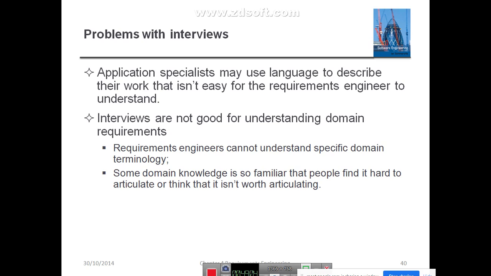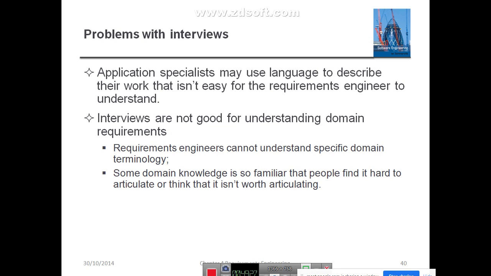One more example they have given here is that the application specialist, who is developing the system, may use different language to describe his work. That is not easy for the requirement engineer to understand. That is one problem you are going to face in case of interviews. And interviews are not good for understanding the domain requirement.